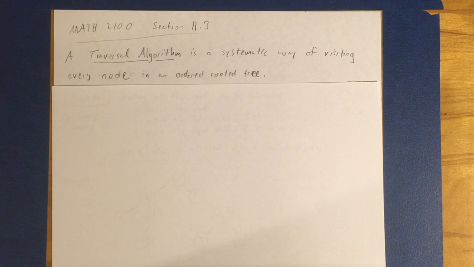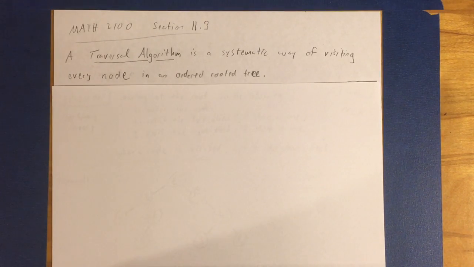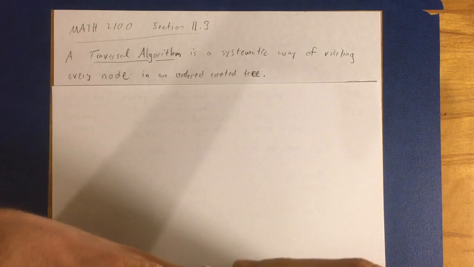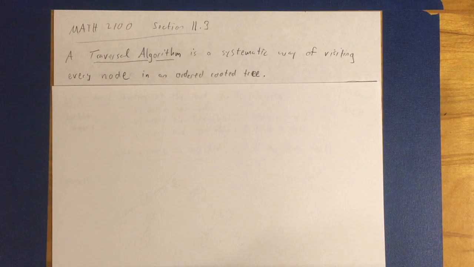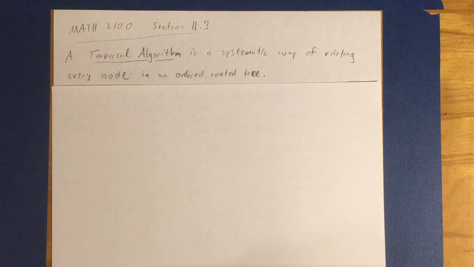So what that means is basically if you have data stored in some sort of tree structure, then you might want to go and read all of the data. Visiting a node in that tree basically means looking at that node and doing something with it, whether it's just taking the value of that node and printing it out, or adding it onto some running sum, or whatever you happen to be doing with the data in the tree.